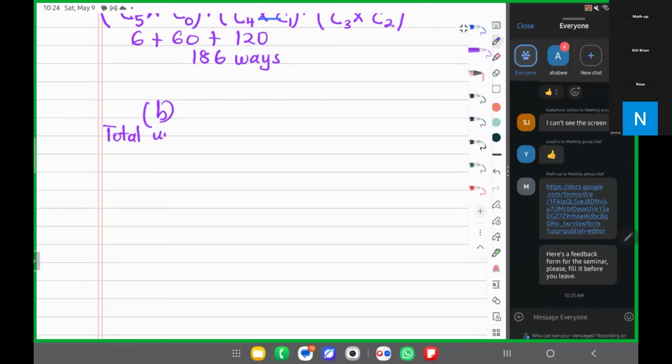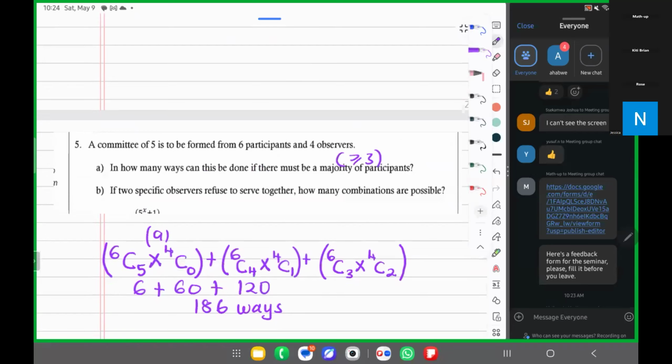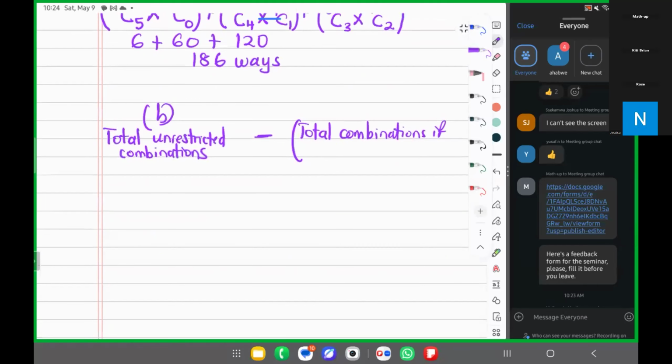So total unrestricted combinations of having that committee, minus total combinations if the 2 observers that didn't want to sit together are included together.